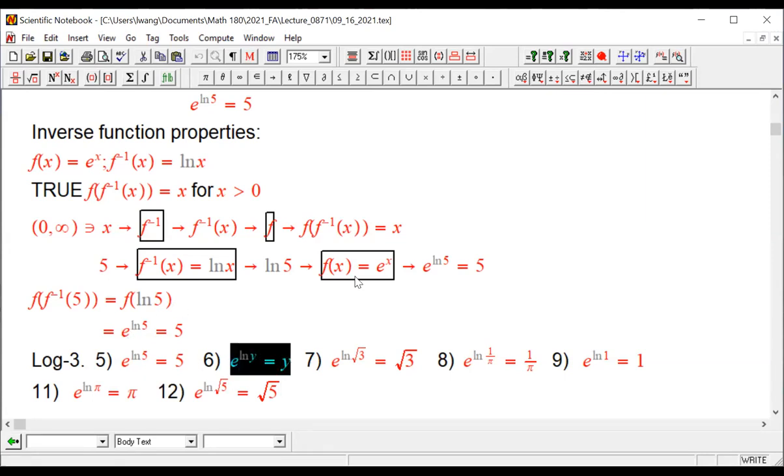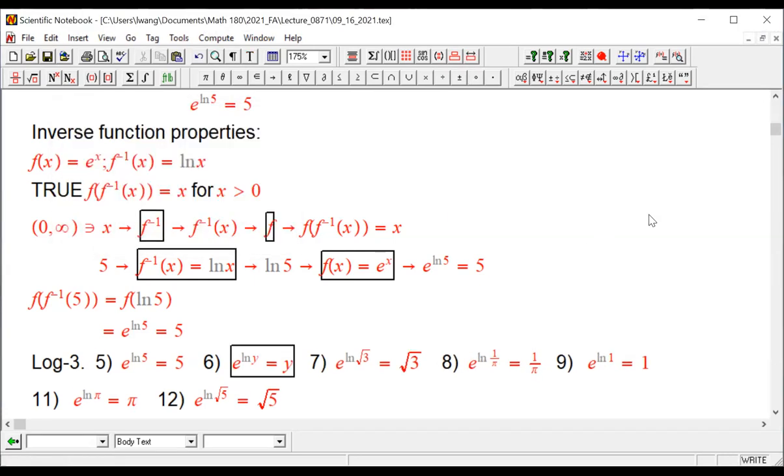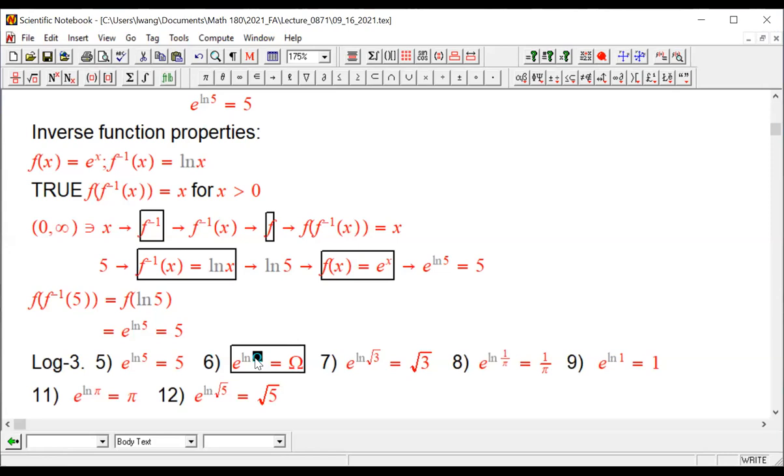And this form will be much more exploited in calculus class. It is really just a symbol. Okay, you can put omega there. That's what we did. Then you say, hey, I don't like omega, I want to be using y. Then use y.